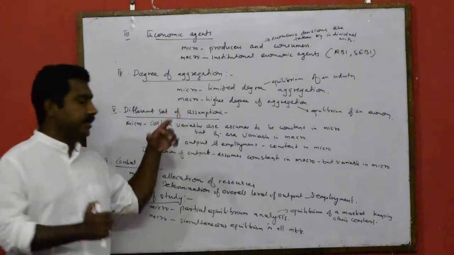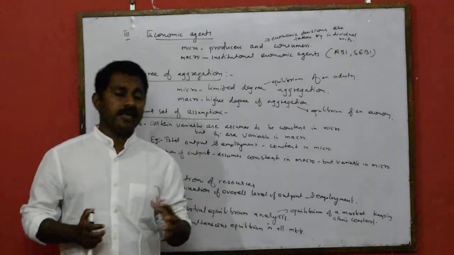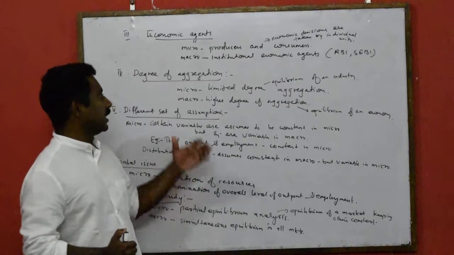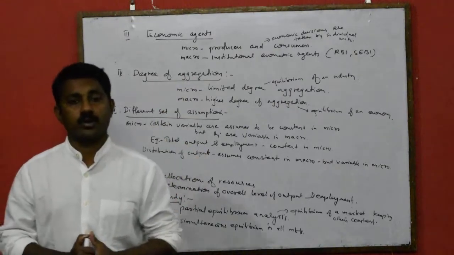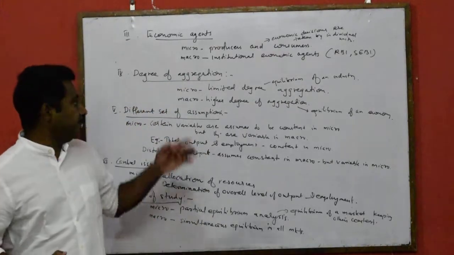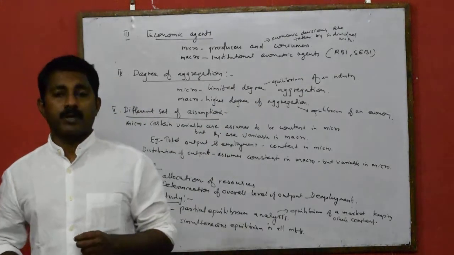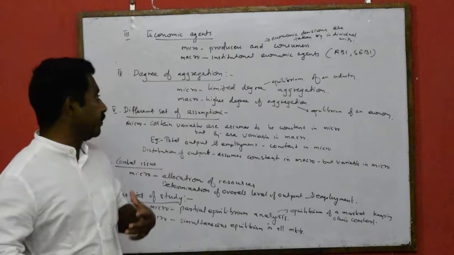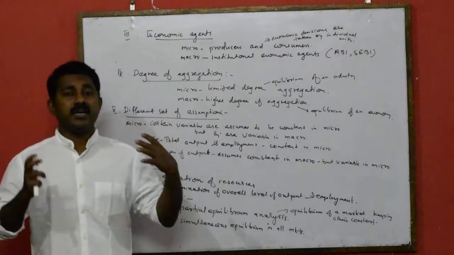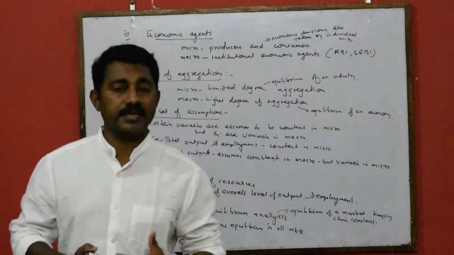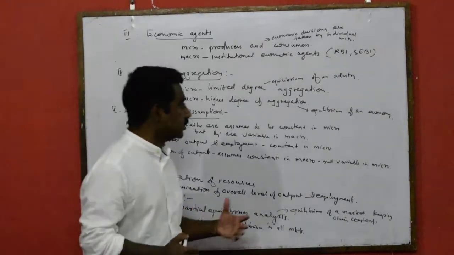That means the degree of aggregation, the degree of calculations, are limited in case of microeconomics, whereas in macroeconomics, higher degree of aggregation is there because simultaneous equilibriums of various individuals, firms, industries, etc. are studied under macroeconomics.